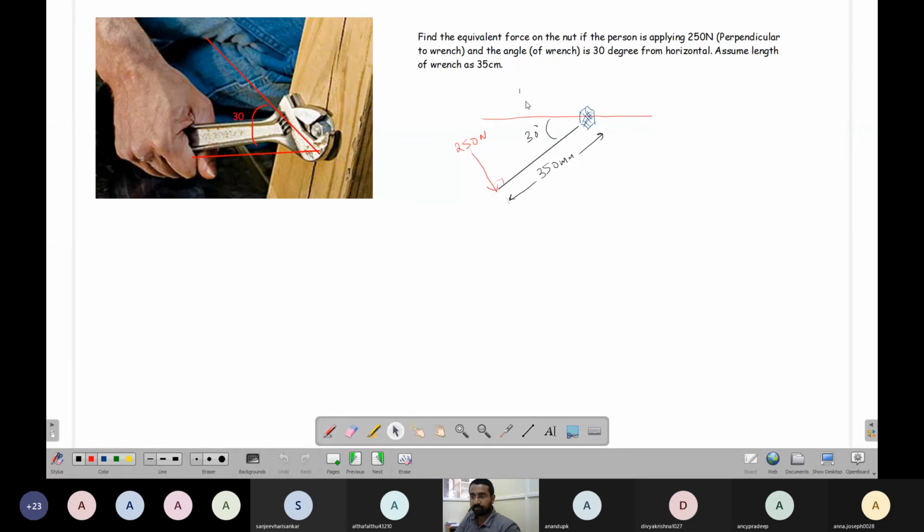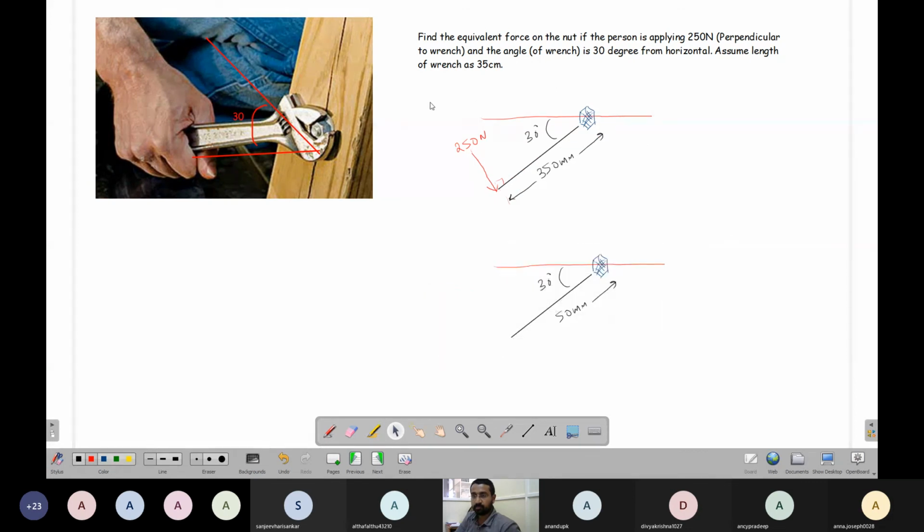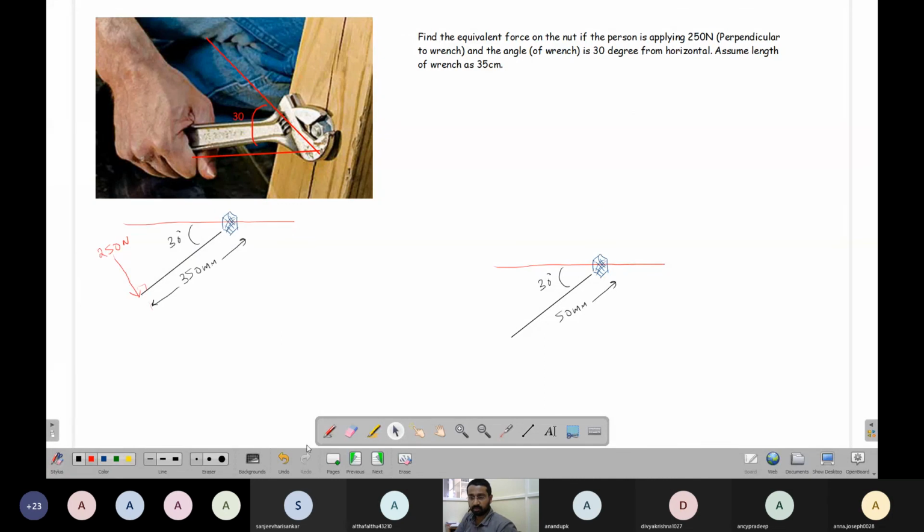So let's copy this. This is my case 1. For case 2, I don't want all these things. Let's say I have a force here, Fy, and a force in this direction also, Fx.